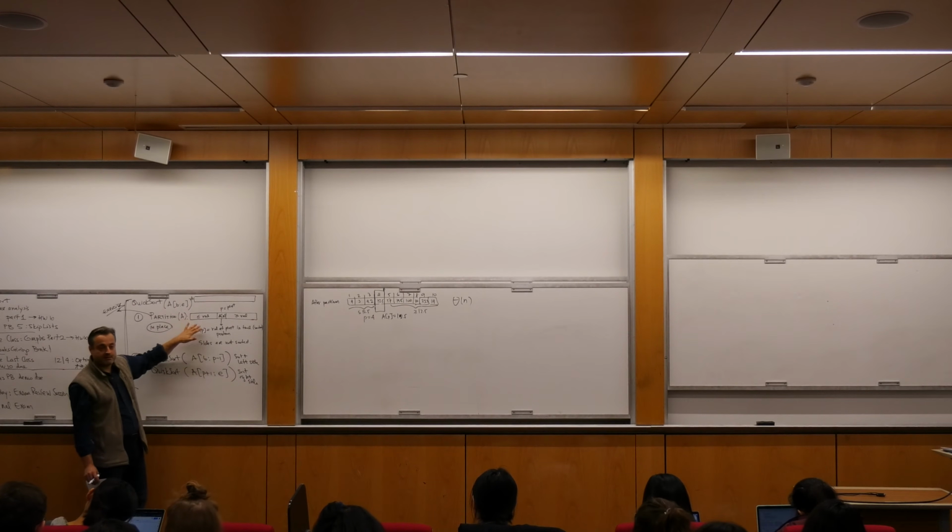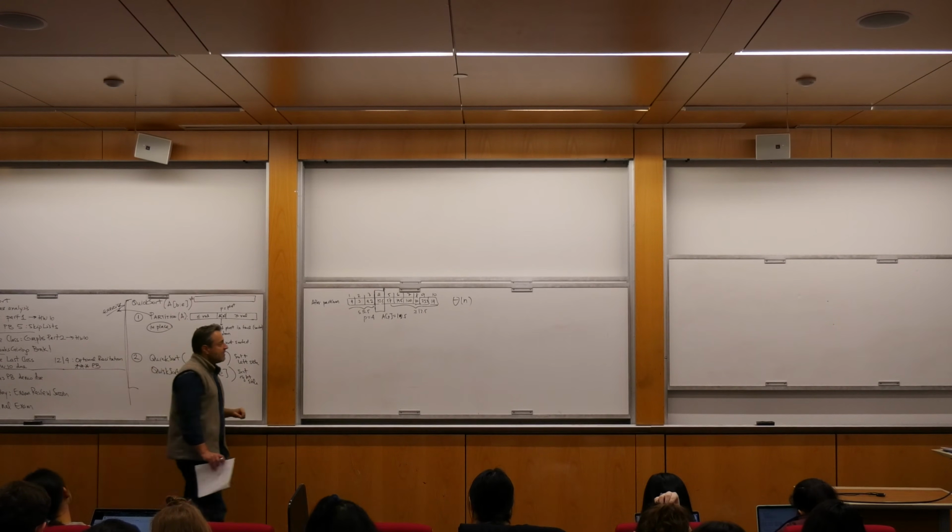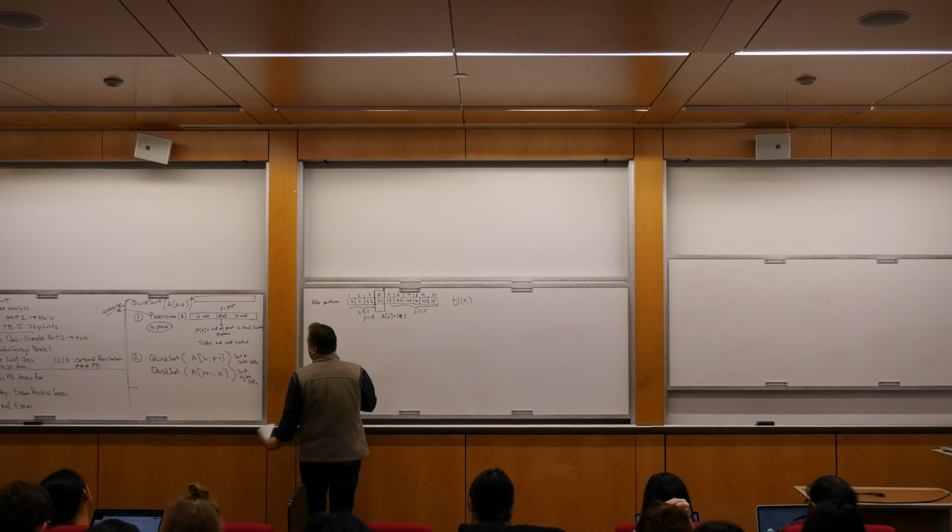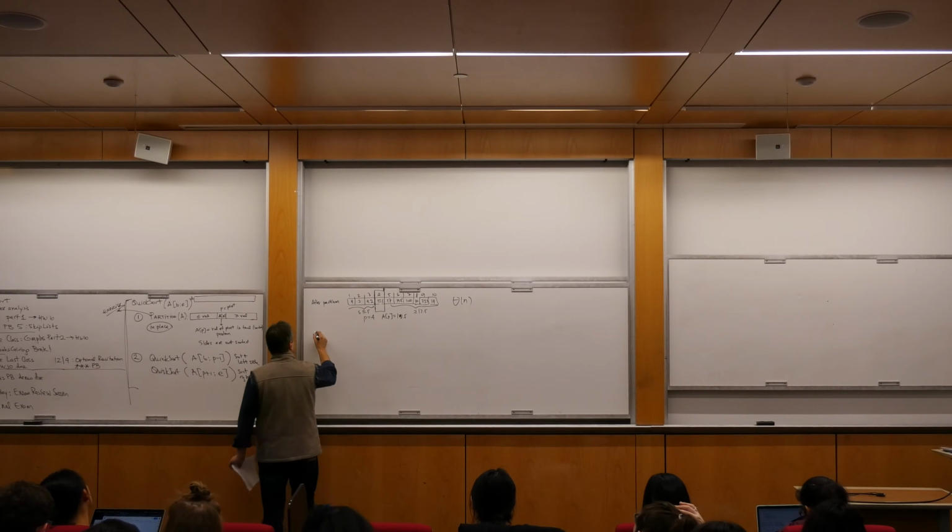I'm happy to discuss it with you in office hours or separately, and there are plenty of notes about this. But this is not my interest right now. In your algorithms course, you're going to spend a lot of time on how this partition function works. For now, what I want to do is analyze the runtime.